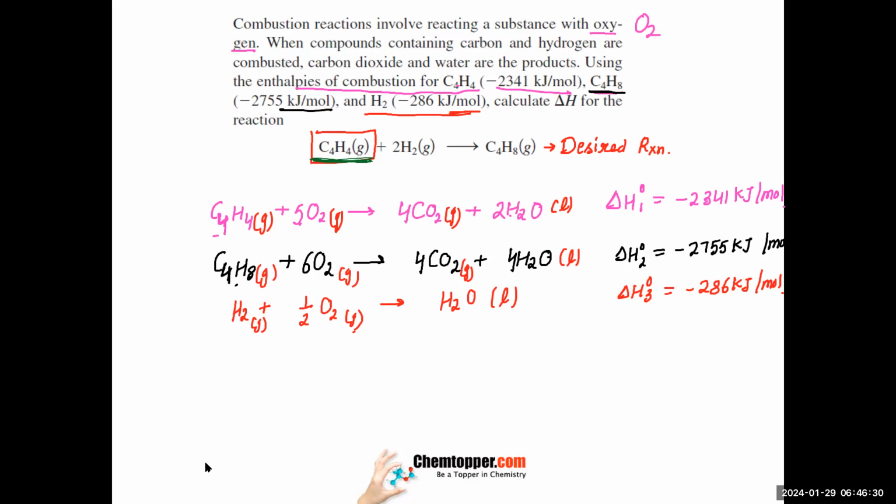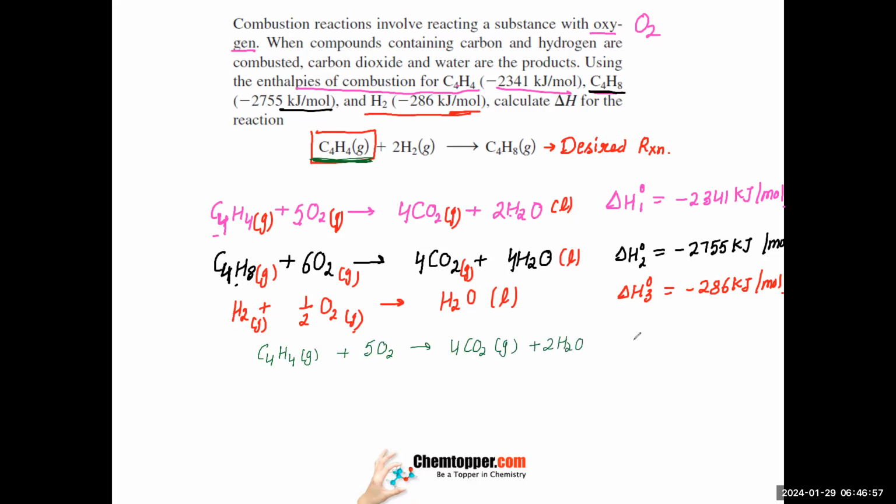Yes. Sanjana, Saranya, you're not answering. Equation 1. Take it as such. So I'm taking equation 1 as such because it's going to give me C4H4 gas on the reactant side the way I want in my desired equation. So I'm not going to do any changes for it.